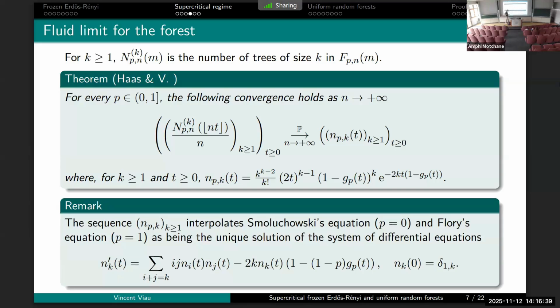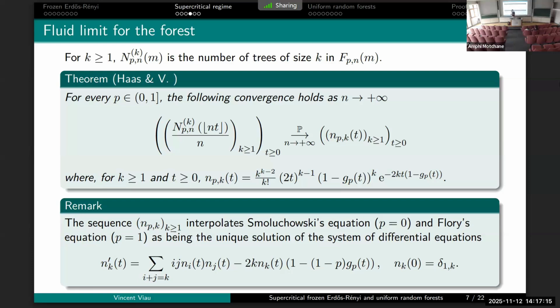And this implies that the frozen Erdős-Rényi model, when you make P vary, is an interpolation of some known coagulation equations, namely the Smoluchowski equation, which is this equation in the case when P is 0, and which appears in several random graph models, such as the forest fire model. And it interpolates this equation with Flory's equation, which is the case when P is 1, and which appears, for example, in the classical Erdős-Rényi model.